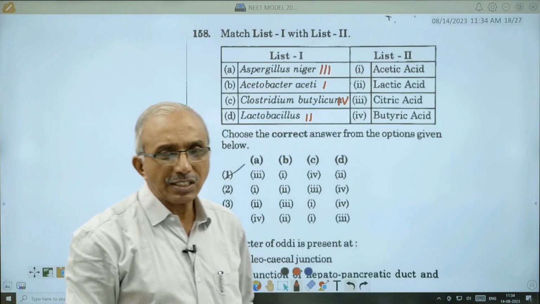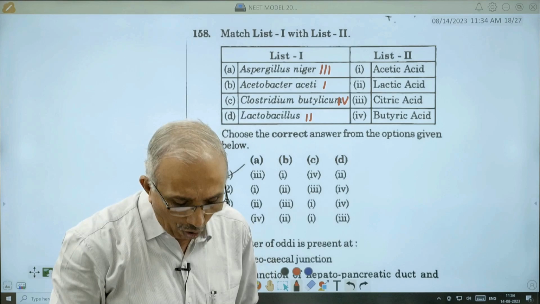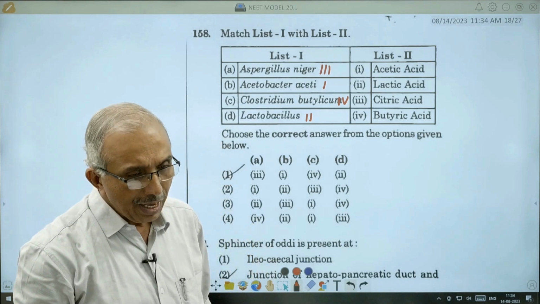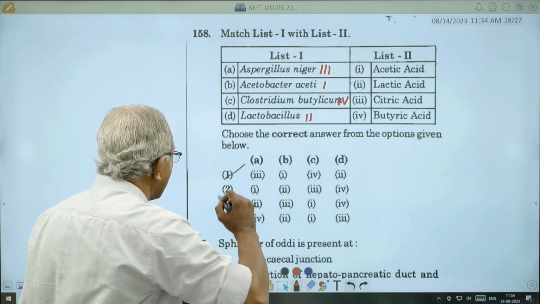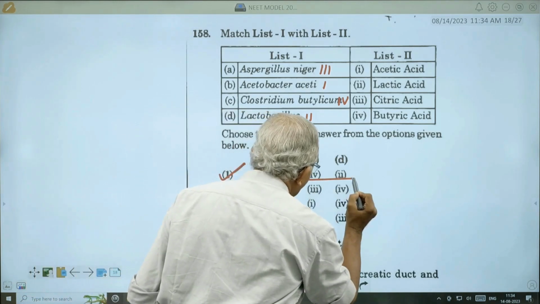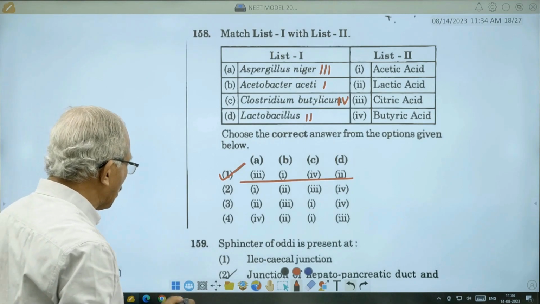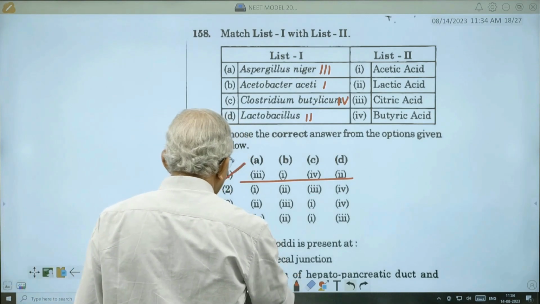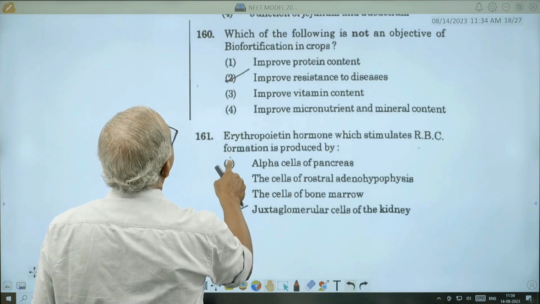Here some microbes used for industrial production of organic acid are given. Answer is A3 B1 C4 D2.